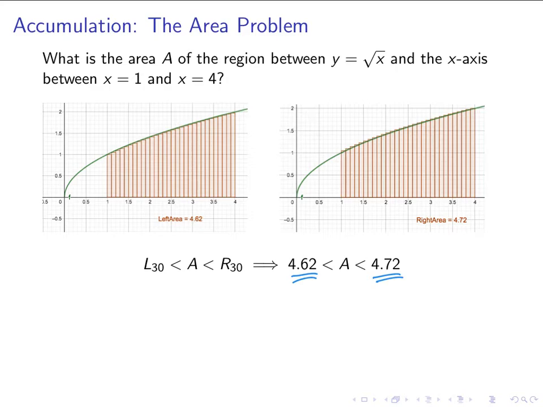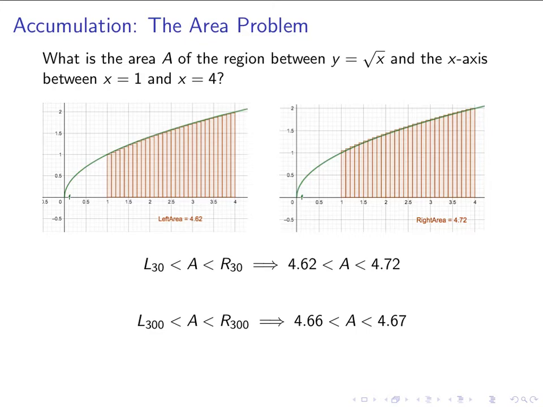Just to see how the A gets narrowed down further, let's look at the numbers for what happens if I go up to 300 rectangles or more. I won't draw the corresponding pictures to these. They get very washed out by having so many rectangles that you can't see the difference between the rectangles and the curve. But with 300 rectangles, the sum of 300 left rectangles is 4.66, and the sum of 300 right rectangles is 4.67.